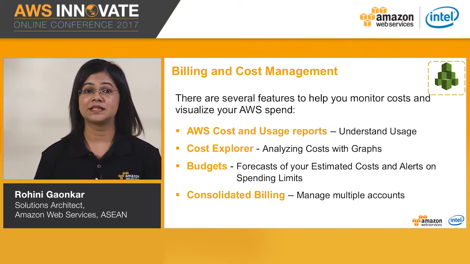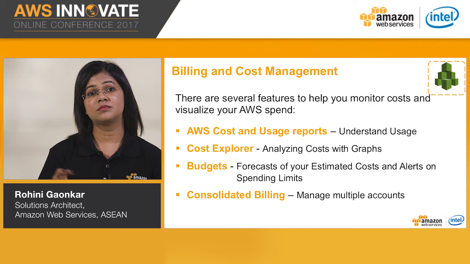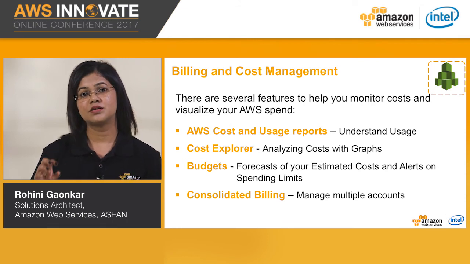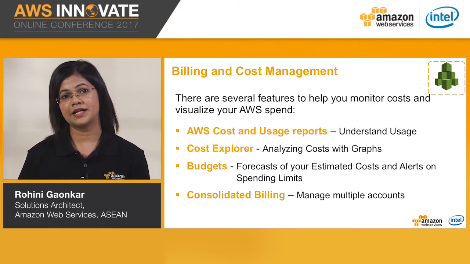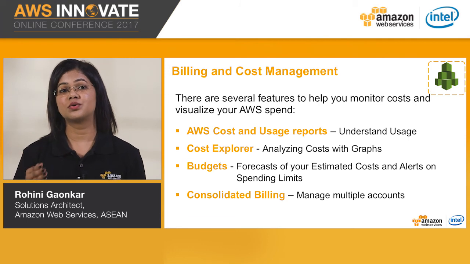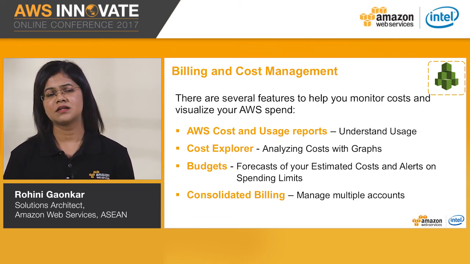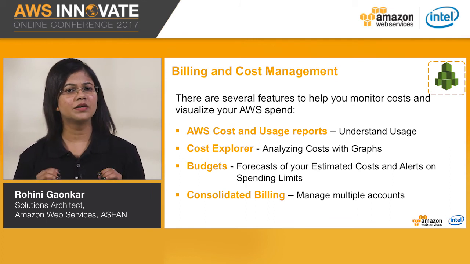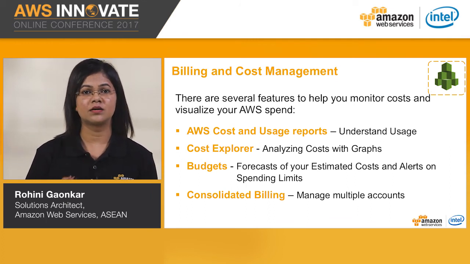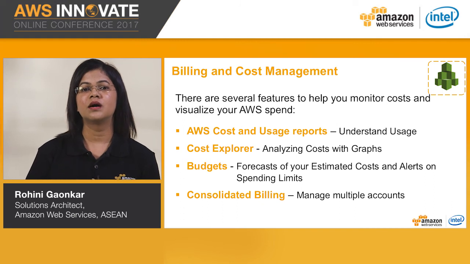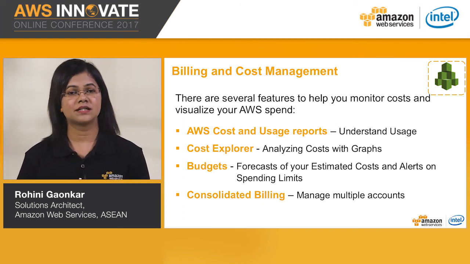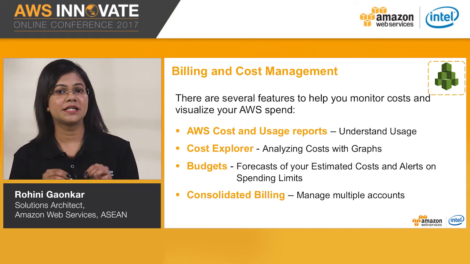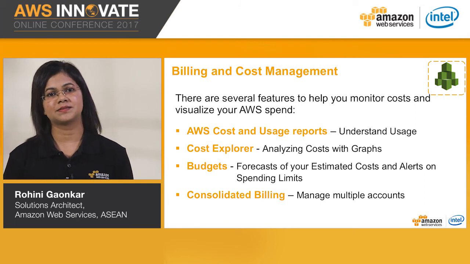You can use the Budgets feature to track your AWS cost. Budgets use the cost visualization provided by Cost Explorer to show you the status of your budgets and to provide a forecast of your estimated costs. You can also use budgets to create CloudWatch alarms that notify you when you go over your budgeted amounts or when your estimated costs exceed your budgets.